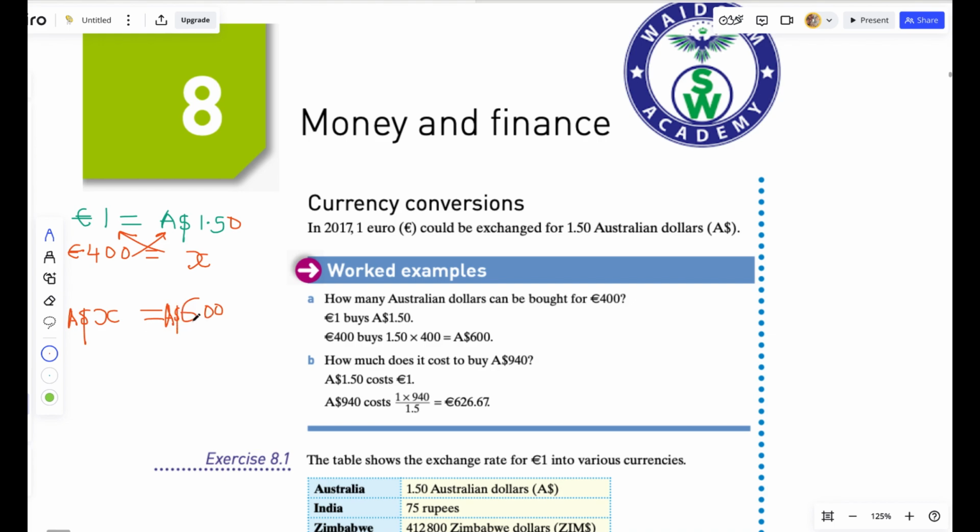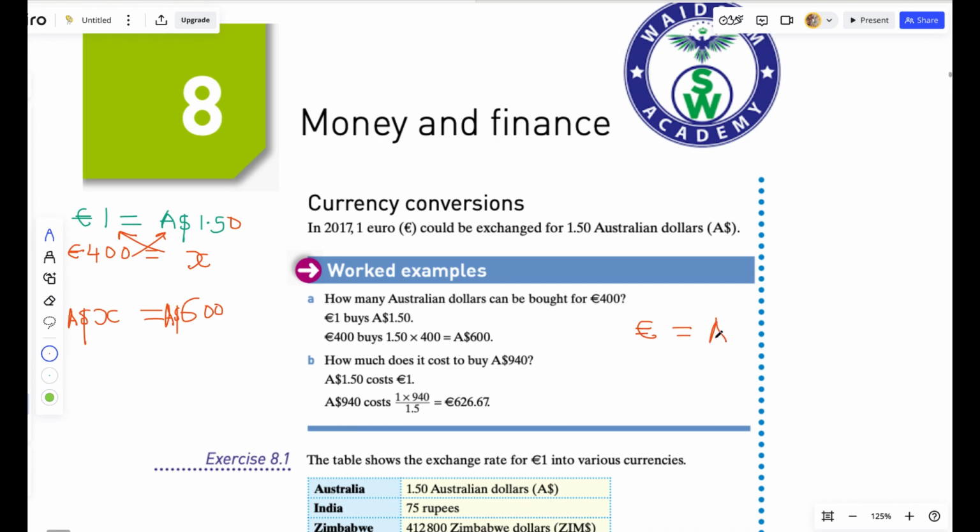Now the second part of the question says, how much does it cost to buy 940 Australian dollars? You still come with this arrangement. We write euro here and Australian dollar here.